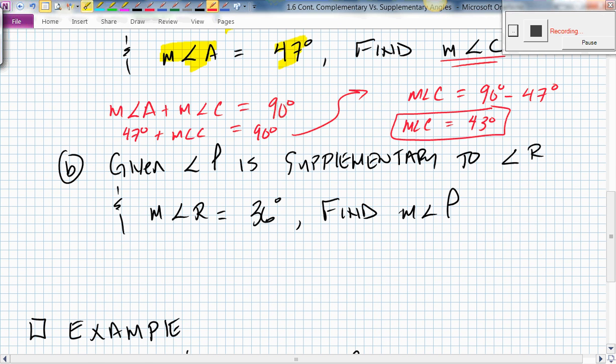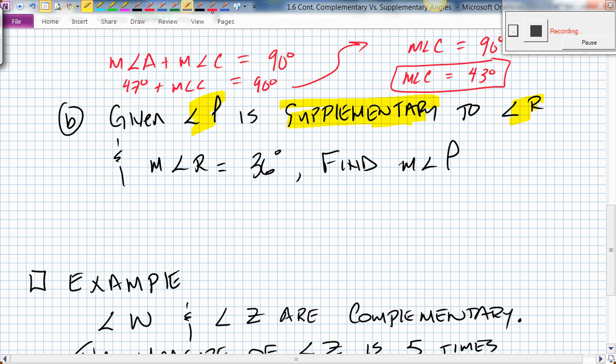And then part B says angle P is supplementary to angle R. Alright, so P and R have to add up together to be 180 degrees. So the measure of angle P plus the measure of angle R must be 180, definition of supplementary. And it's telling me that the measure of angle R is 36 degrees.